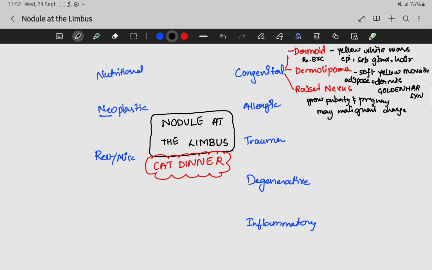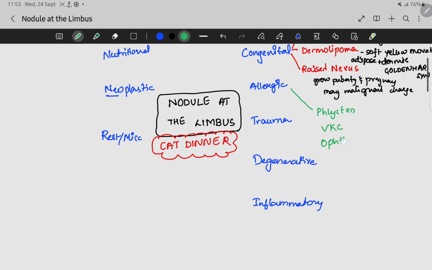Coming to the allergic causes. The allergic causes include phlycten, VKC, the limbal form of VKC, and ophthalmia nodosa.